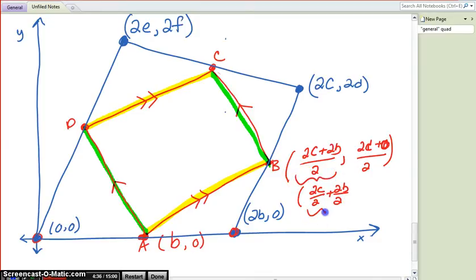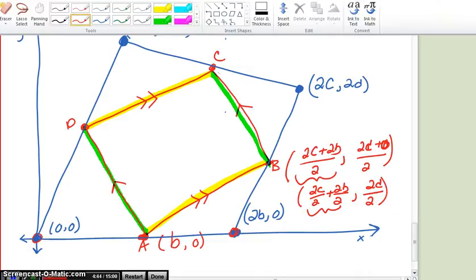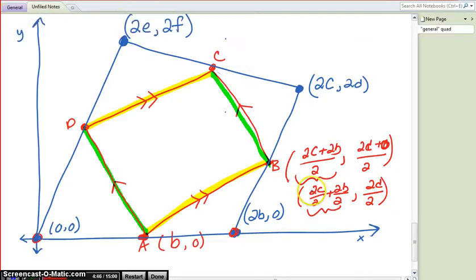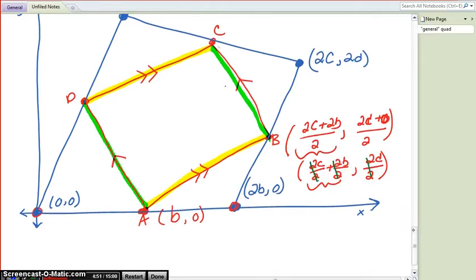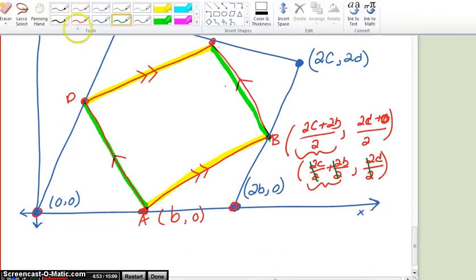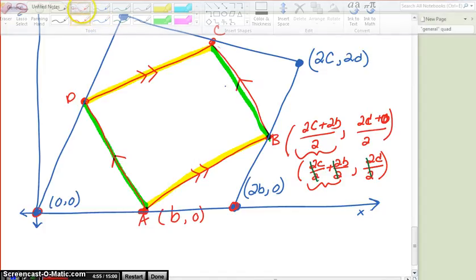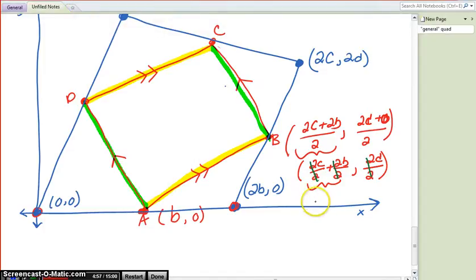These values are the same. And 2d plus 0, well, that's just 2d over 2. And that allows us to do some canceling. So the 2's cancel in each of these fractions, and keep track of where we are. In the most simplified version, we have c plus b for the x-coordinate, and d for the y-coordinate.